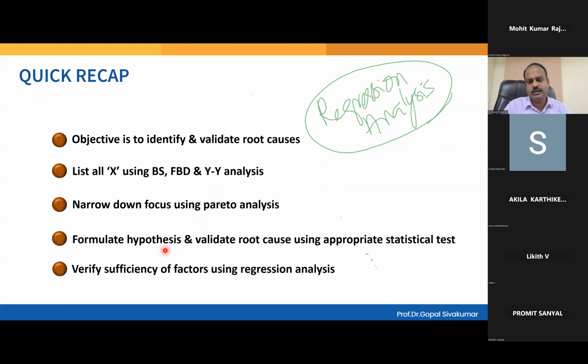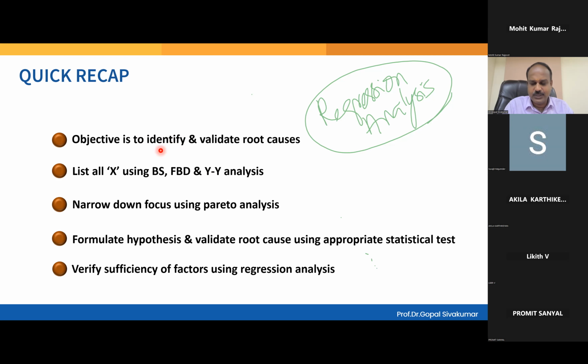Then you perform the regression analysis to understand what percentage of the loss you are going to address now. If you are happy with the percentage of loss which you are going to address, then proceed to the improve phase. If you are not happy, then what should you do? You should go back, find out where you missed.